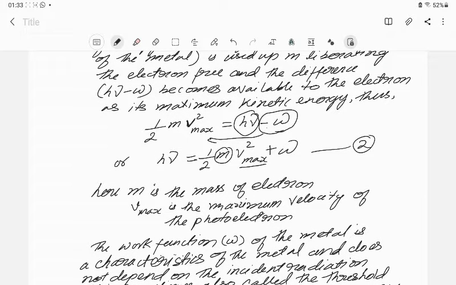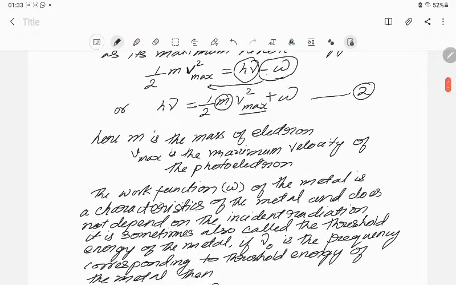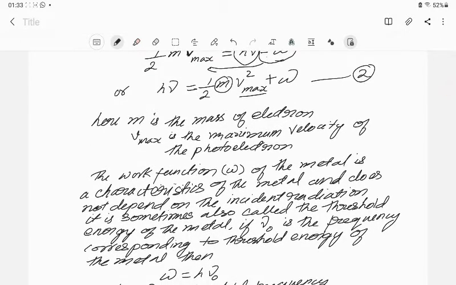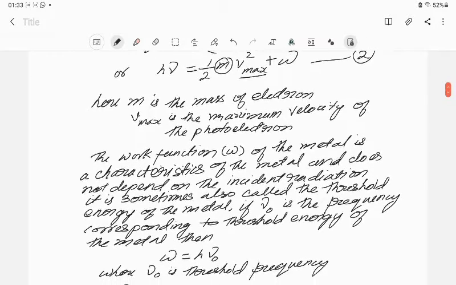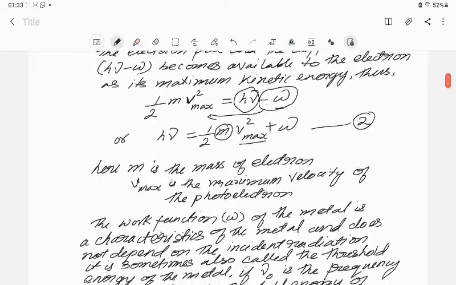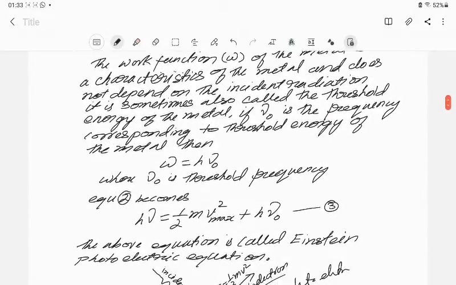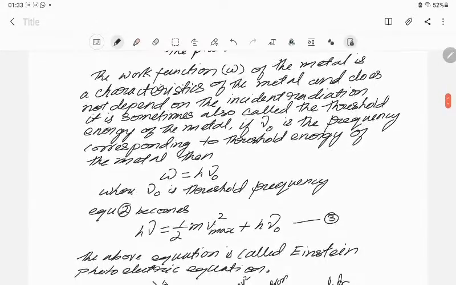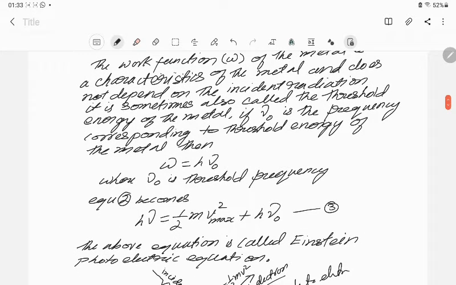As I have already told in the previous class, this work function does not depend on the incident radiation, and it is also called threshold energy, and the energy formula is h nu. If nu naught is the frequency corresponding to the threshold energy of the metal, then omega equal to h nu naught, where nu naught is the threshold frequency.